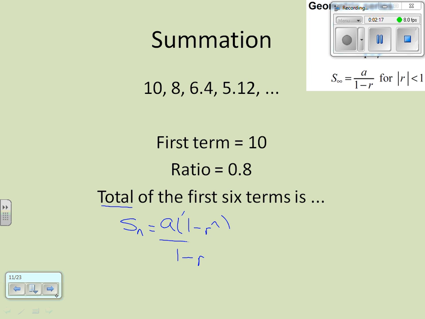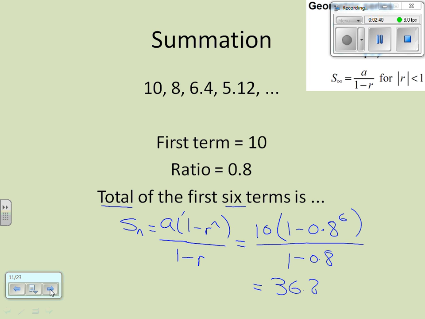A we've got is 10 here. R is 0.8, all to the power of n, which is 6, all over 1 minus 0.8. And if we tap that into the calculator, we end up getting 36.89.